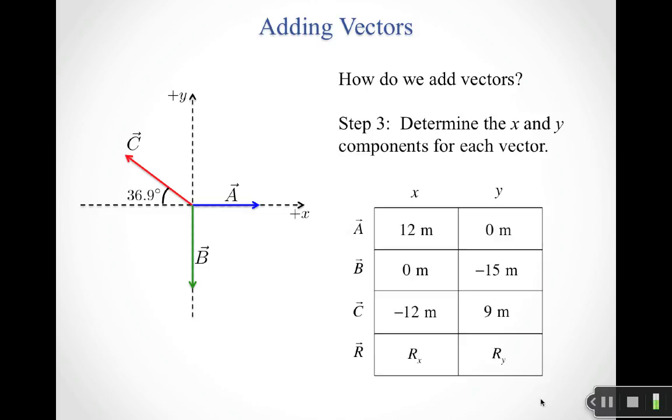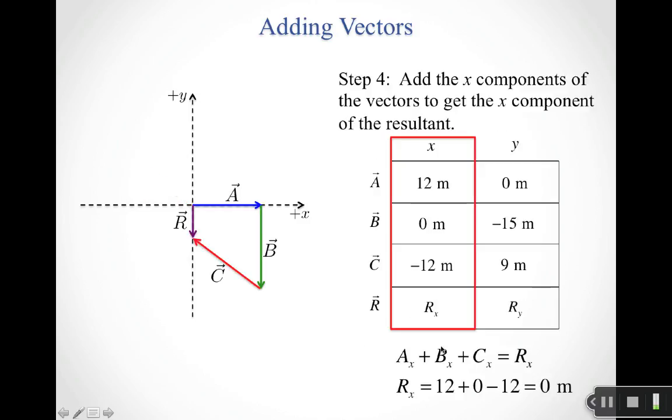When I break those vectors up into components, the way that I'll probably do it most often in class as we're getting comfortable with this process is to do it in a table. Then here are the components of our individual vectors, and that sets us up to go ahead and set up our two equations. The next step is we're going to add the x components of the vectors together to get the x component of the resultant.